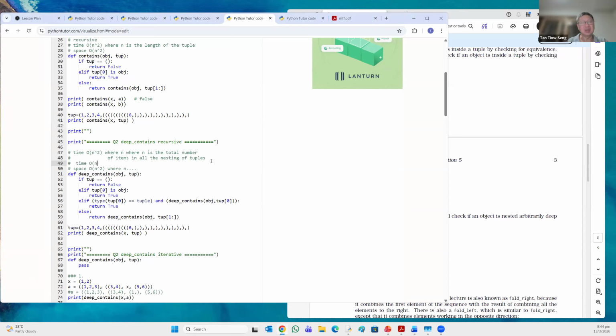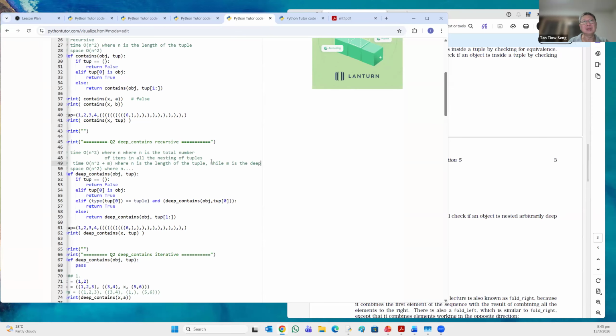It's O(n squared) plus O(m) of some linear kind, where n is the length of the tuple, while m is the deepness.